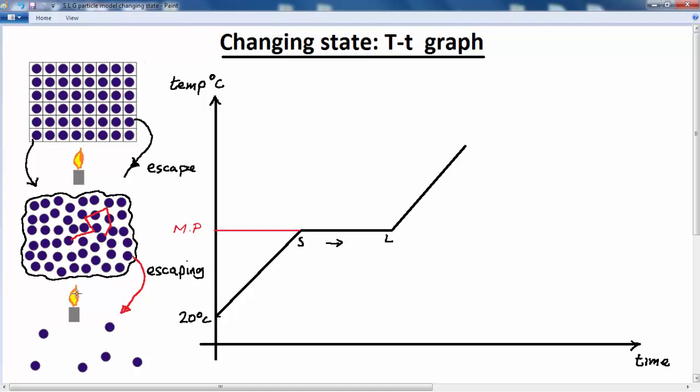So all of this energy from the Bunsen burner, or whatever it is here, is helping these particles escape into the gas state. As a consequence, the temperature of the liquid remains constant. So we're going to get another flat bit here. And this is known as the boiling point of the liquid. So we have the melting point and the boiling point. And so when the liquid reaches the boiling point, the temperature remains constant.